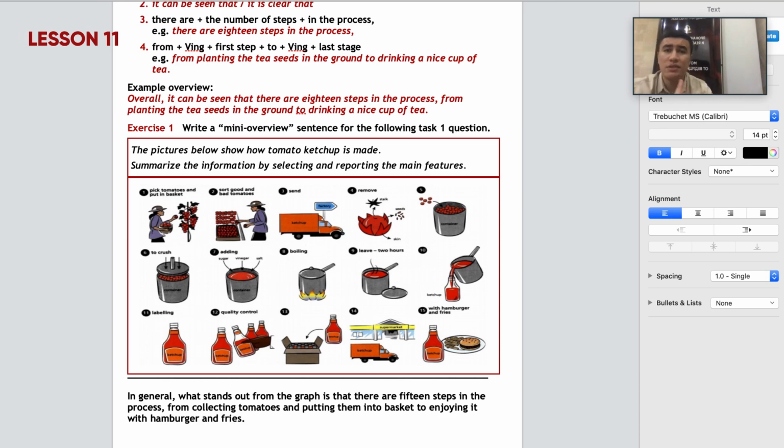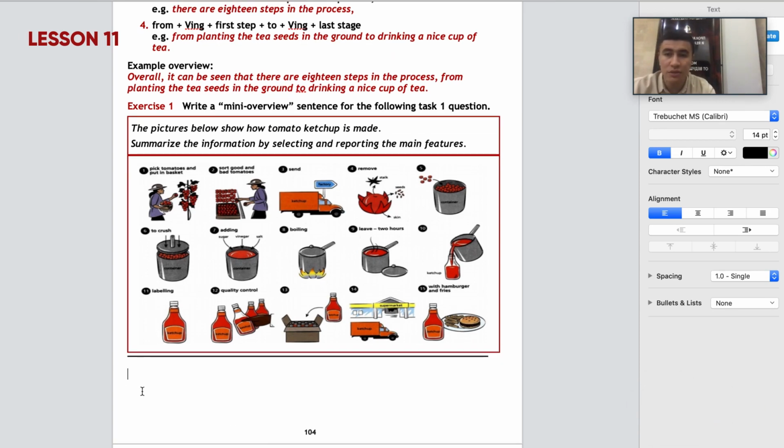As you can see, this is not difficult, guys. And remember, you should focus on writing the introduction and the overview of the process separately. But before, let's include an introduction as well in order to refresh our knowledge.